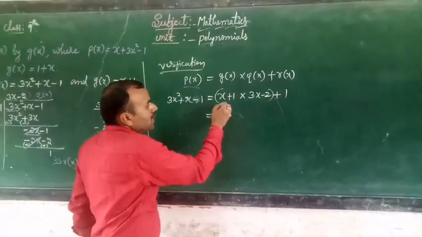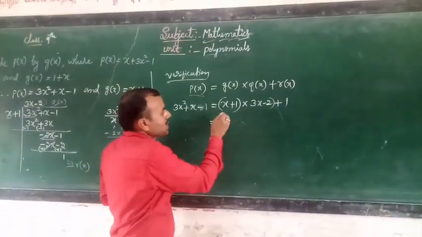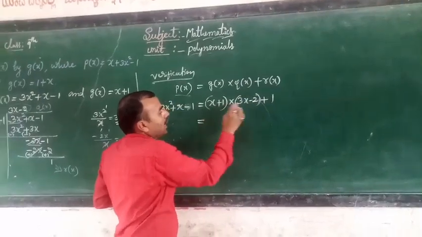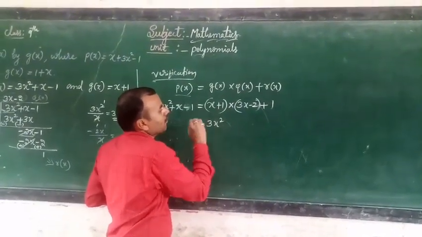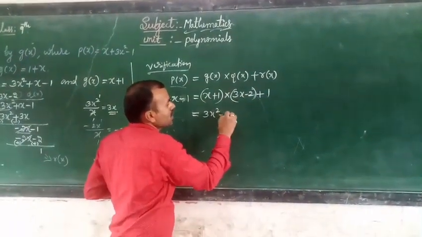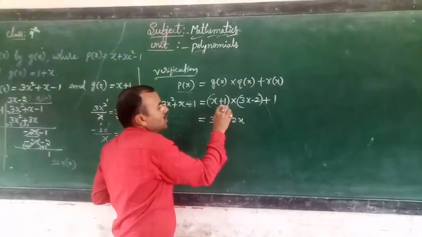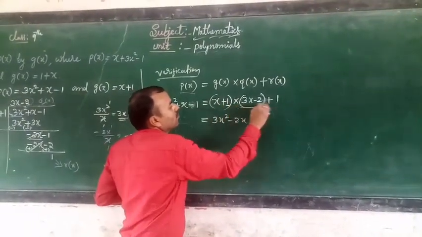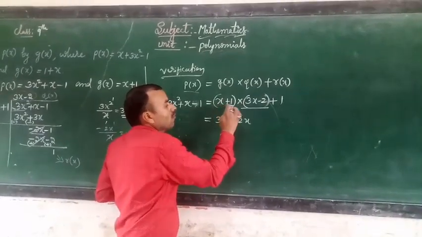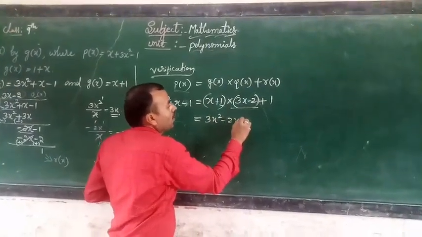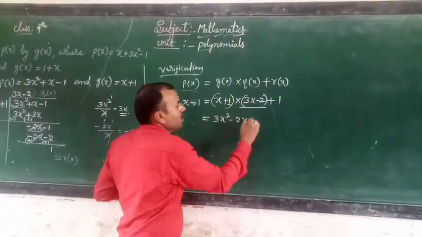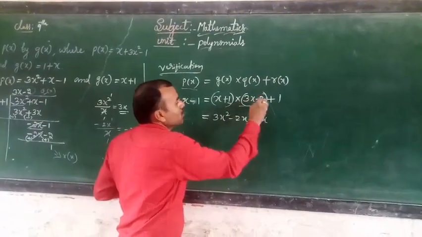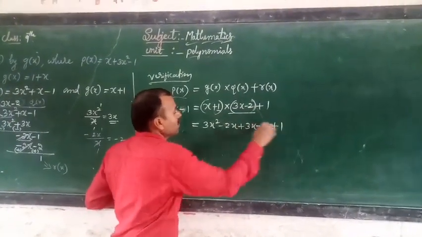First we have to multiply these two: x into 3x square, x into minus 2 is minus 2x. Next multiply 3x minus 2 by 1: 1 into 3x minus 2, plus into plus 3x, plus into minus 2, plus 1.